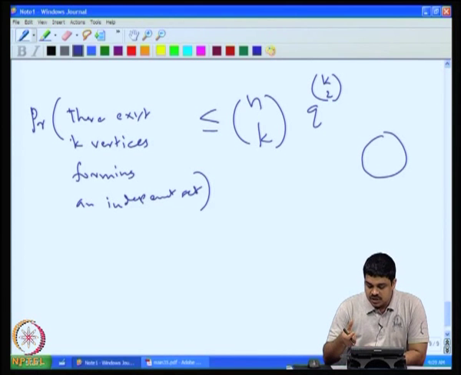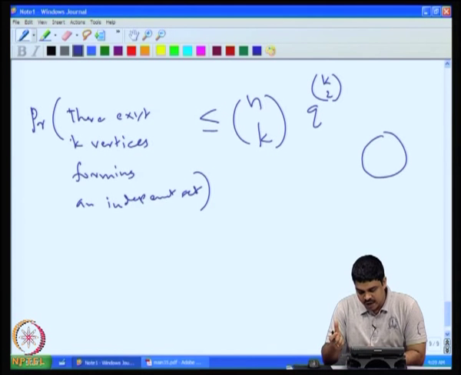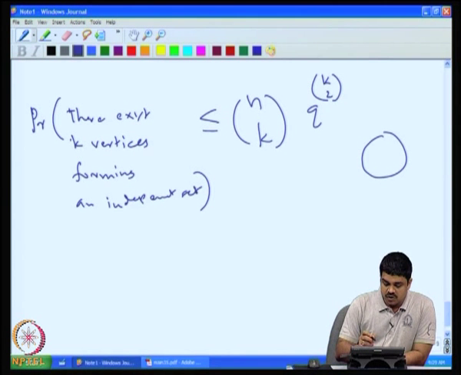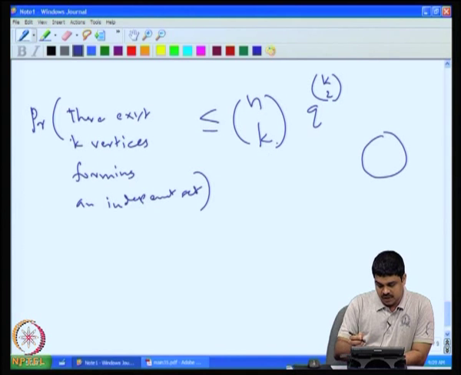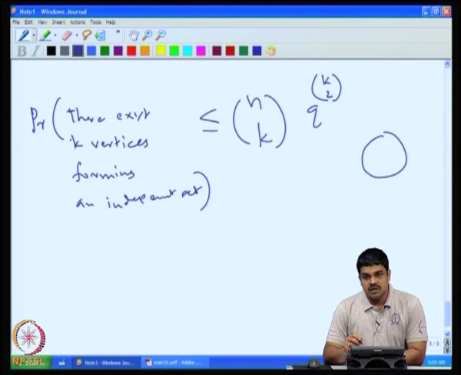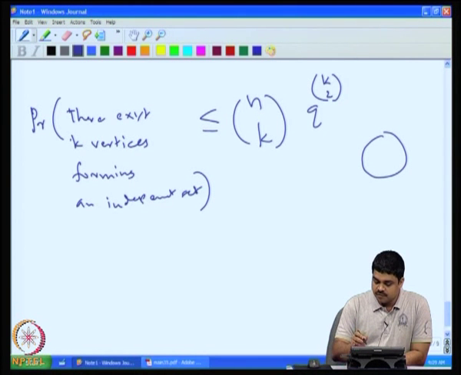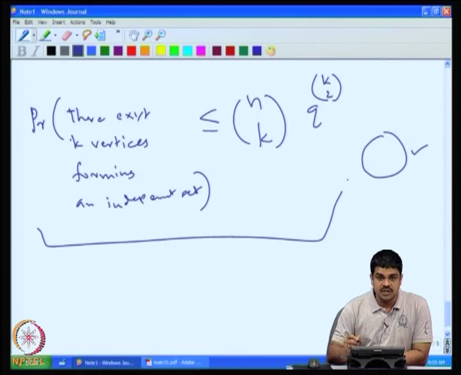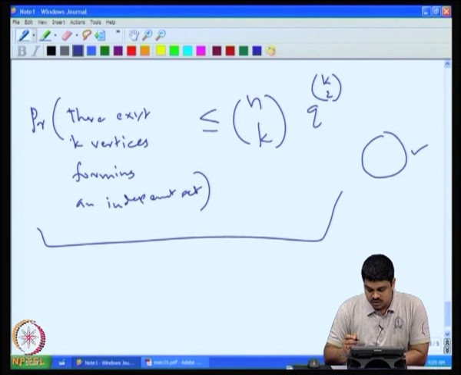In fact, it is possible that when one of them happens, the other may also happen. So, therefore, we can only say that the total is at most n choose k times q raised to k choose 2, as if they were all mutually exclusive. If we had summed up, we would have got this, so the true probability can be smaller, right. That is the reason why we are taking n choose k into q raised to k choose 2.